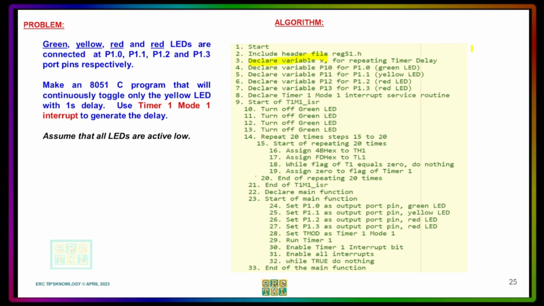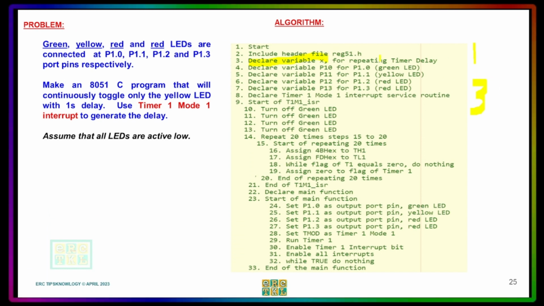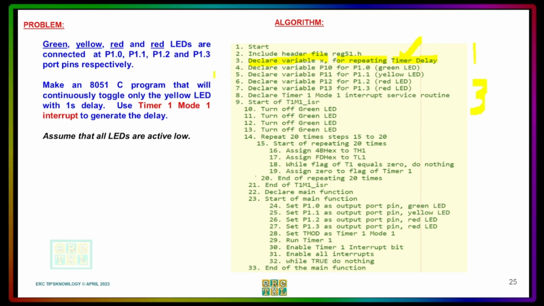In technique number 1 we use X, and in number 3, for the timer, we also use X. Now in this 4th example, we use X again. By the way, you can use any other letter, not just X. This one is for the repeating timer delay inside the interrupt.